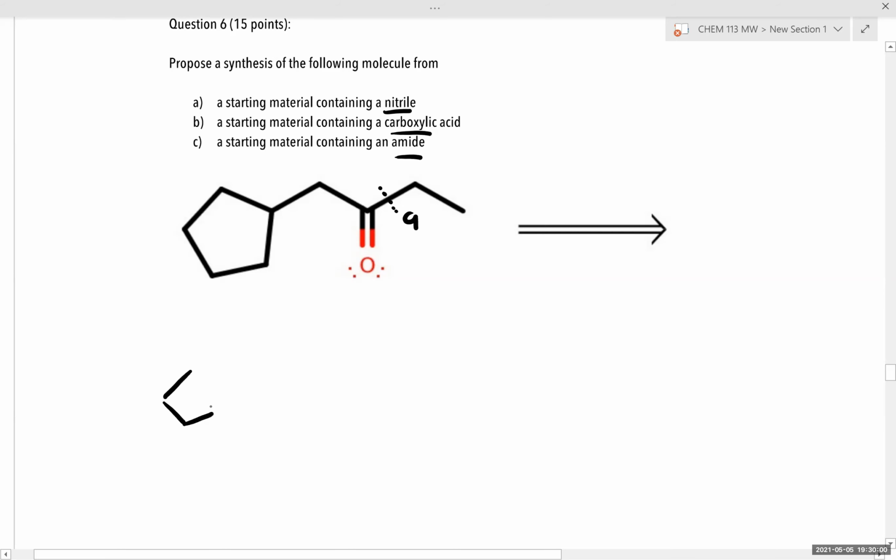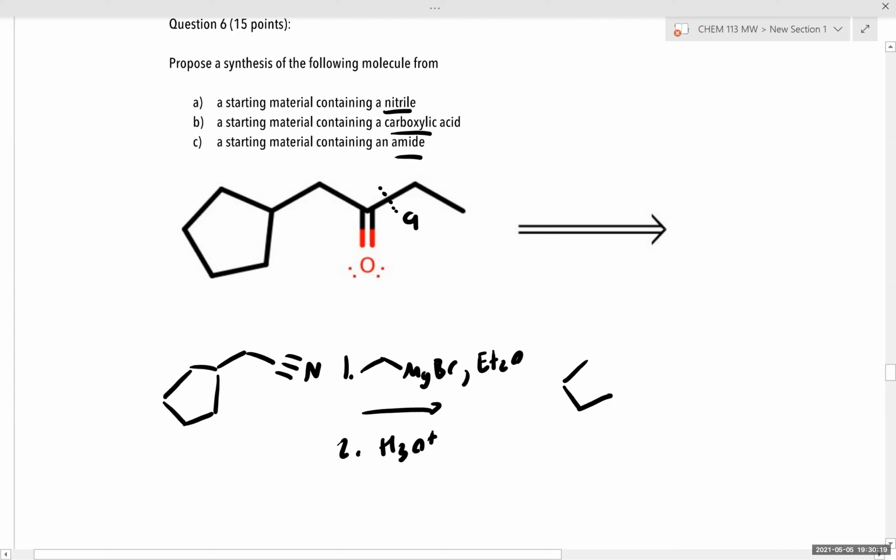we know that nitriles can react selectively with Grignard reagents to generate the corresponding ketone. So that's our first synthetic route down.